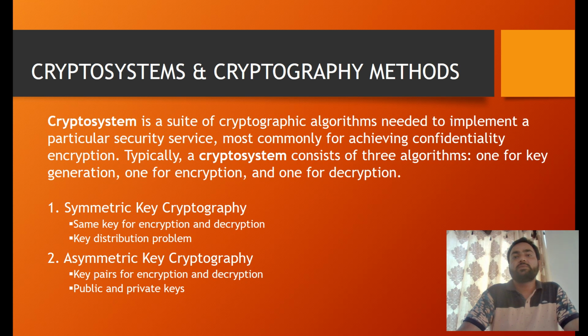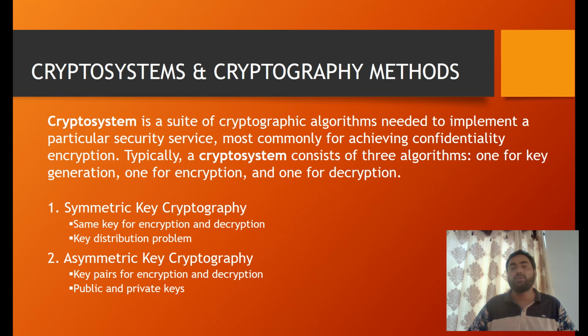So, cryptosystems and cryptography methods. The cryptosystem, as we have already discussed, is a suite of cryptographic algorithms needed to implement a particular security service, most commonly for achieving confidentiality through encryption. Typically, a cryptosystem consists of three algorithms, one for key generation, one for encryption, and one for decryption.